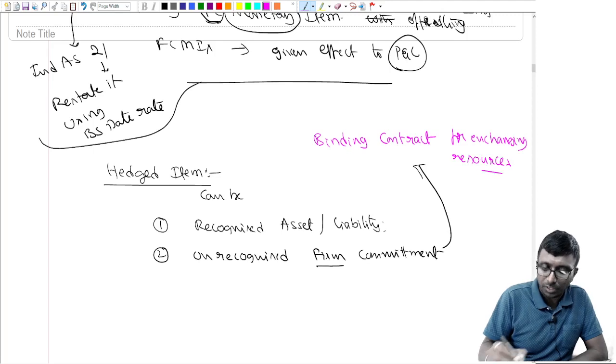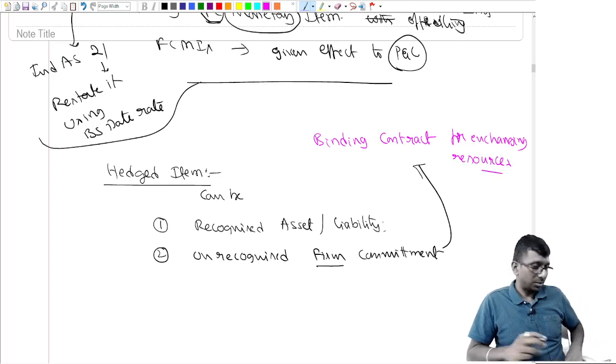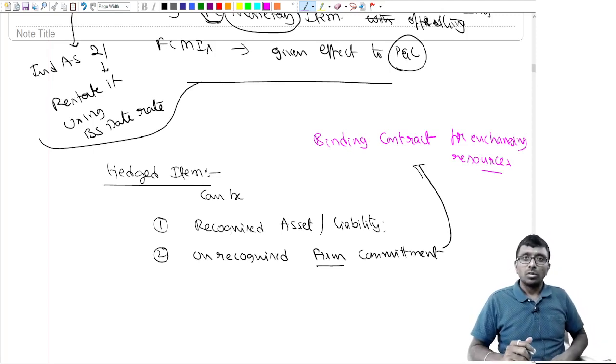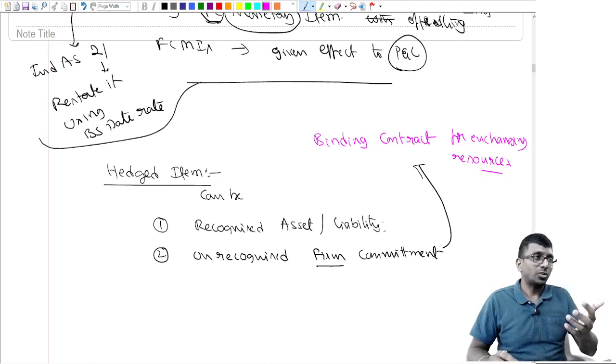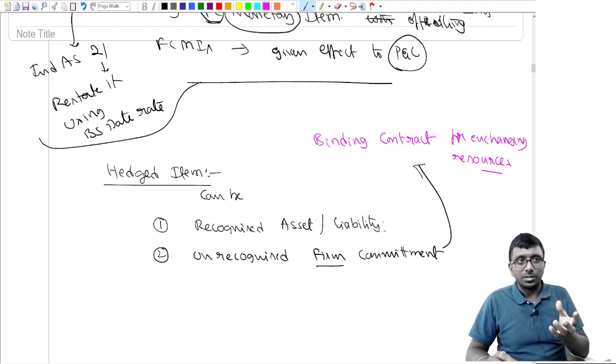It is not recognized right now, even though we entered into the agreement. Say I will sell goods to a foreign customer under a binding agreement at $100. I will receive $100 in the future, but the dollar value may change by the time it comes.